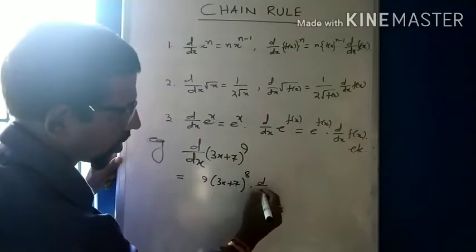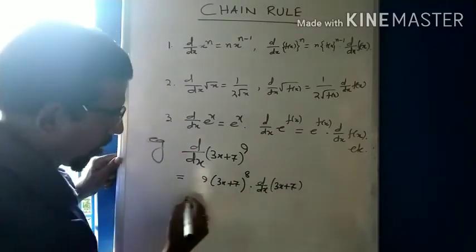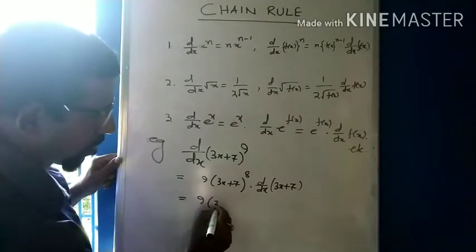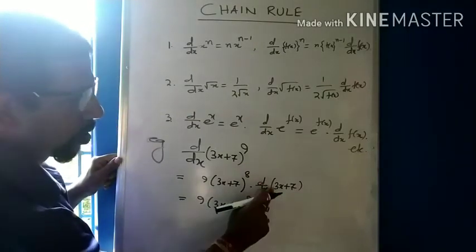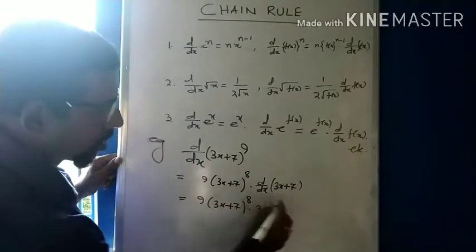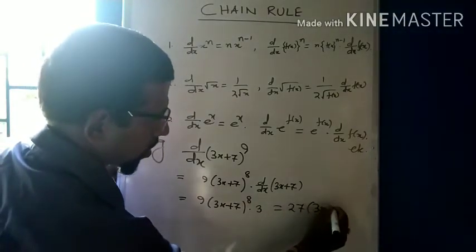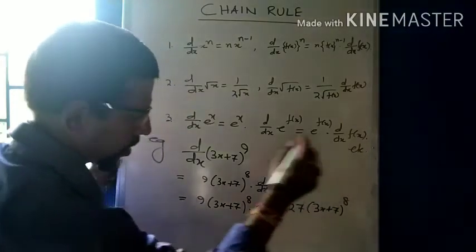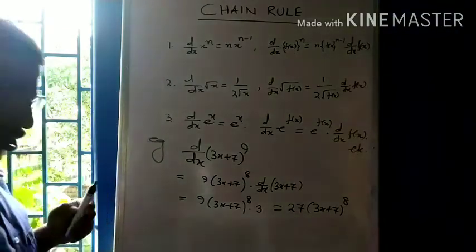We have to differentiate 3x plus 7, so it will be 9 (3x plus 7) to the power 8 into the differentiation of 3x, which is 3. So if you multiply, 3 nines are 27, so the answer will be 27 (3x plus 7) to the power 8. That is called the chain rule, function of a function.